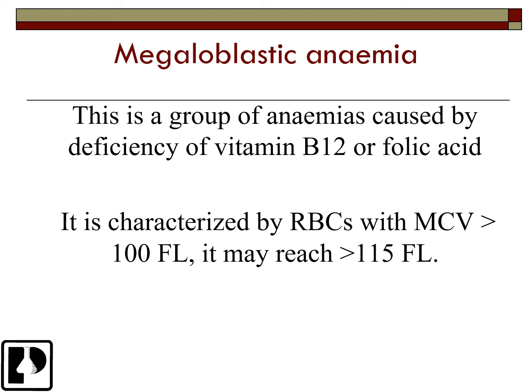Why? Because the DNA is not divided. So lastly, we have large RBCs with no division or replication, so anemia develops. It is characterized by RBCs with MCV of 100 fL, and it may reach more than 150 fL.